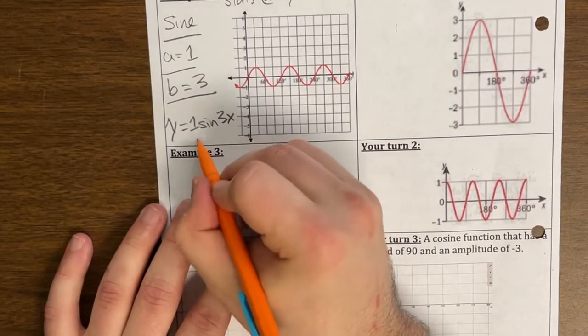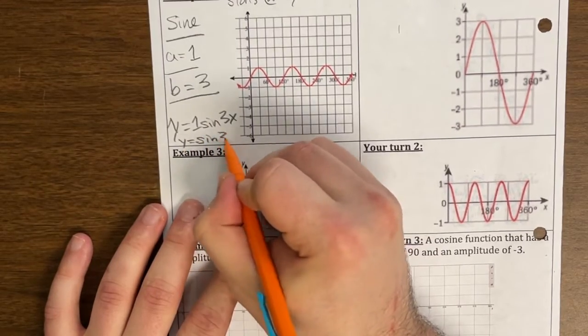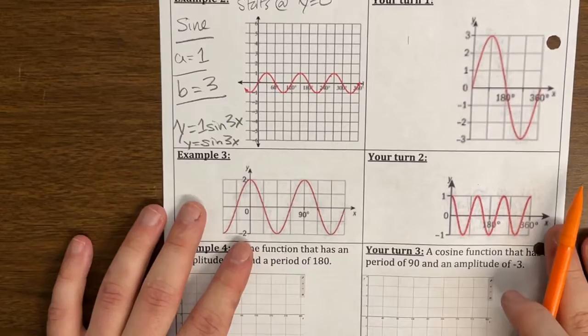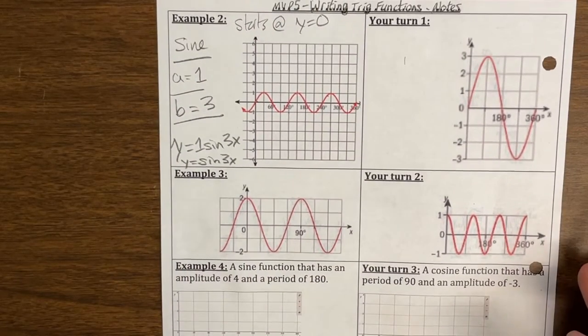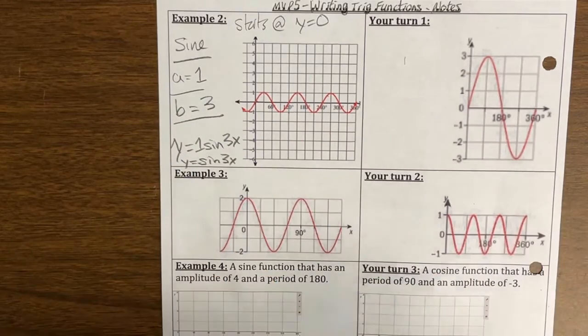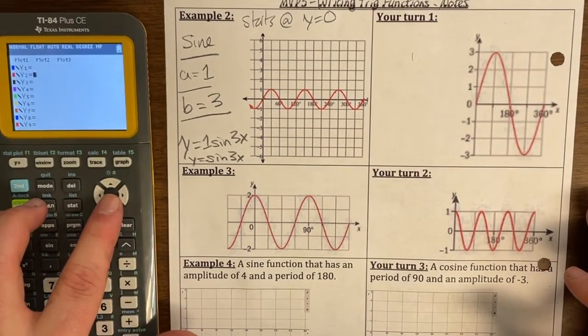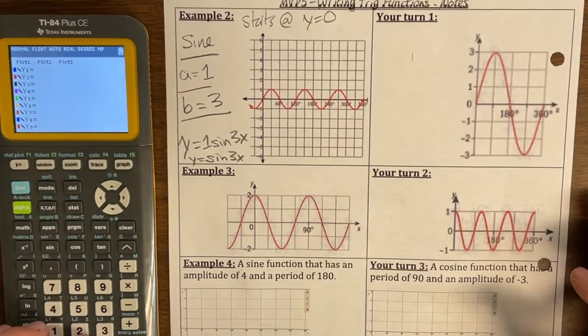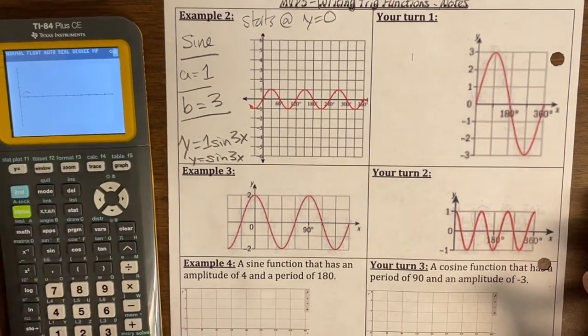You could also just say y equals sine of 3x. That 1 is just in there as a coefficient. You don't have to write it, as long as you understand that it is there. If it was a -1, you'd have to put a negative sign. And I'm going to do that last step: y equals sine of 3x. Hit that graph button.